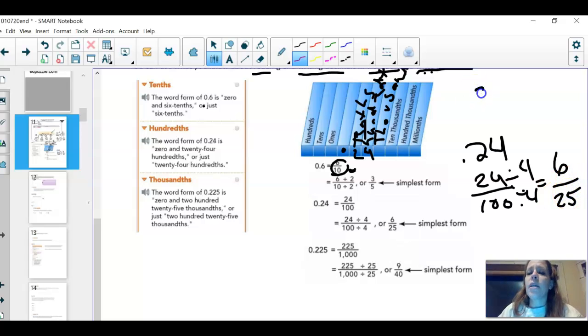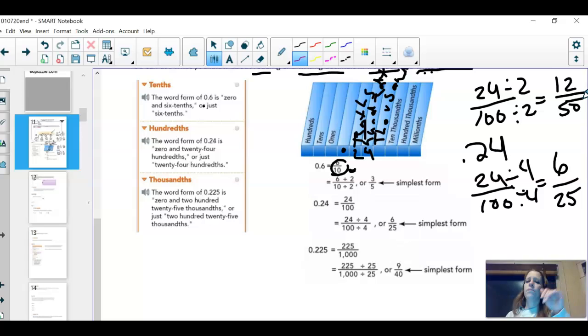If I didn't see the 4 and I just did 2, excuse me, I would get 12 over 50. Okay? But then I could divide it again. Okay? Y entonces si yo estoy dividiendo entre 2, yo tengo 12 y entonces 50. Y yo puedo dividir este otra vez. Yo voy a encontrar este número. Okay? Y entonces yo voy a buscar el otro.